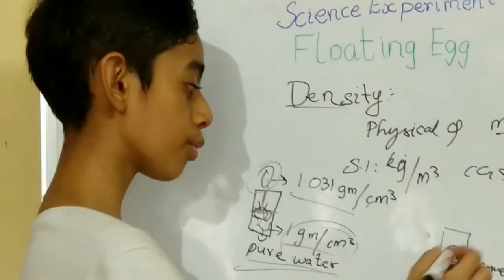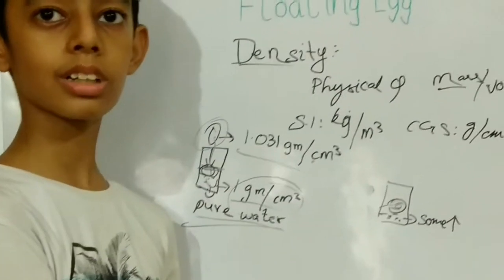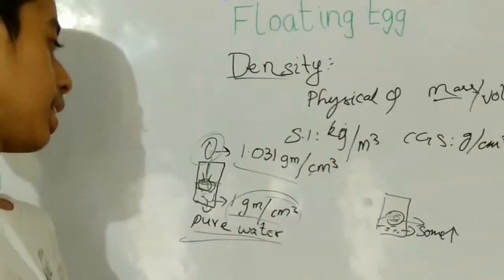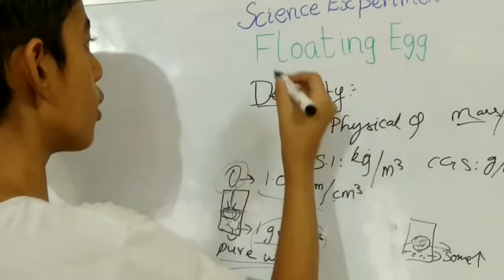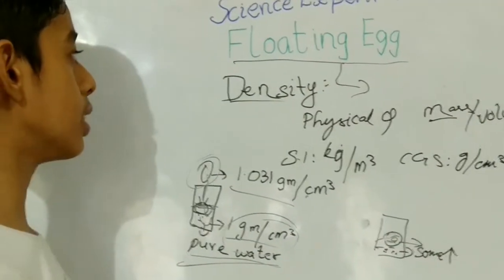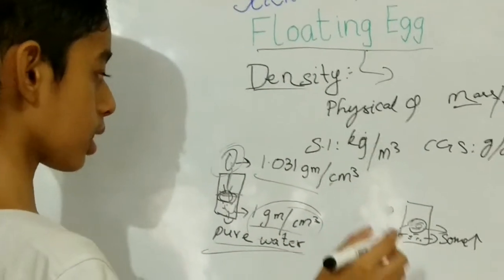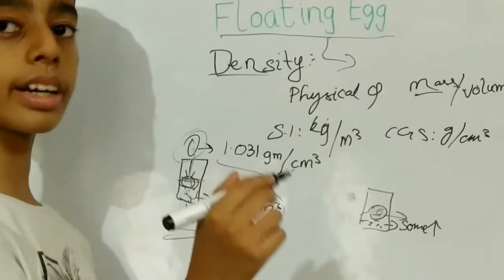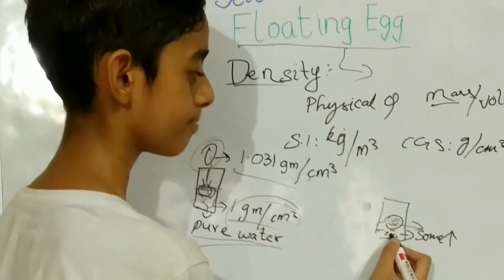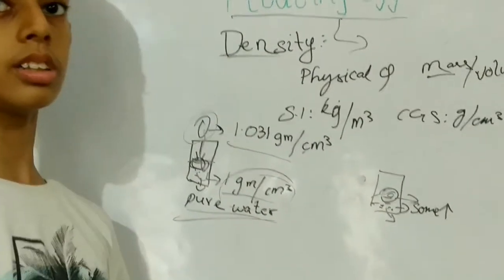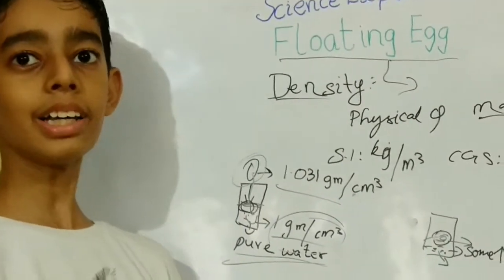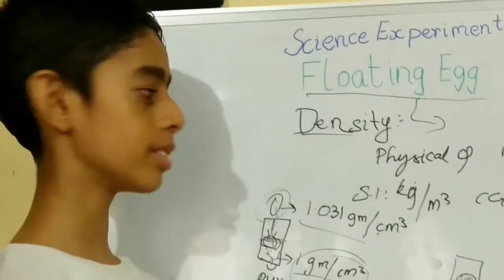Means the density of the saline water, nothing but salt water, is greater than the egg. That's why in our floating egg experiment, we can infer that the density of the egg is less than the salt water. So we can say salt water has a higher density than the egg.